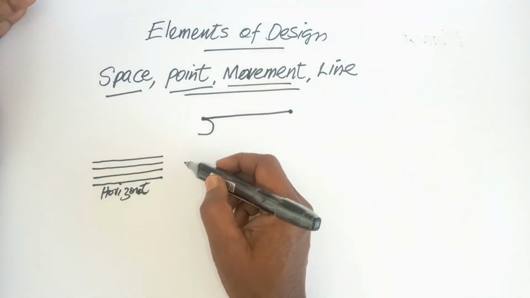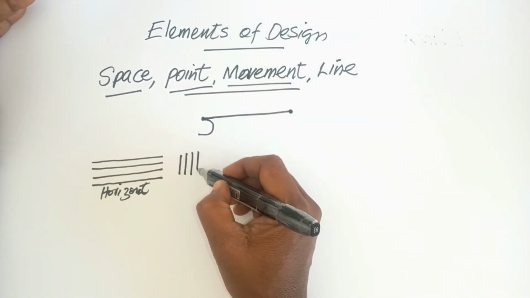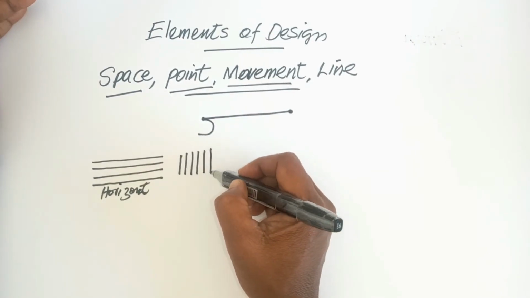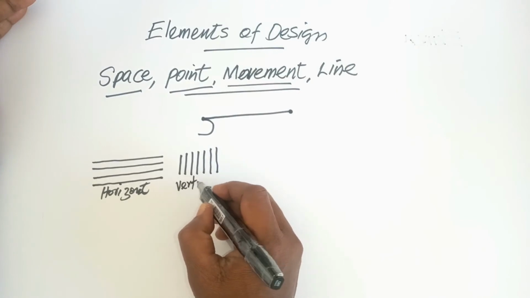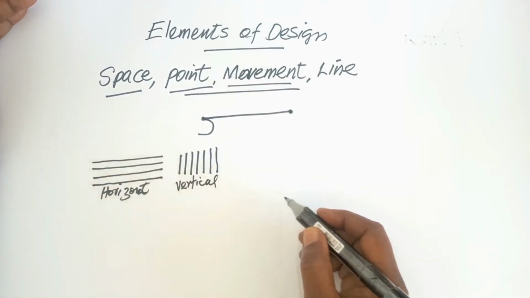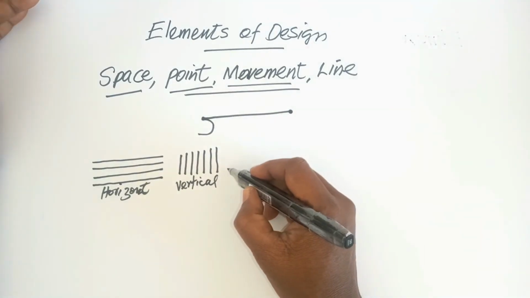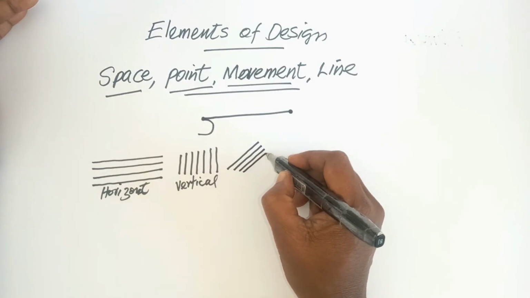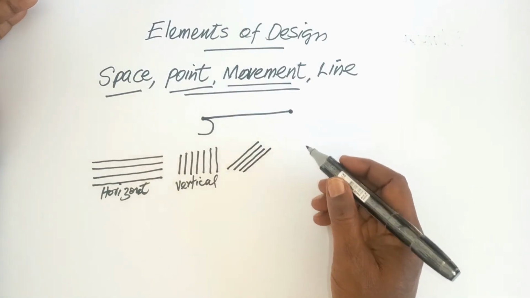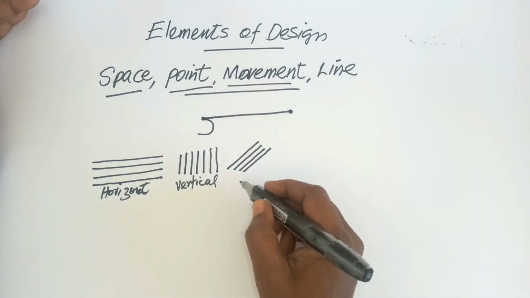Then there are lines that are standing. They are straight, but they are standing direct up. So these lines are called vertical lines. Then there are other lines that are sliding, depending on whatever direction. They are called diagonal lines.